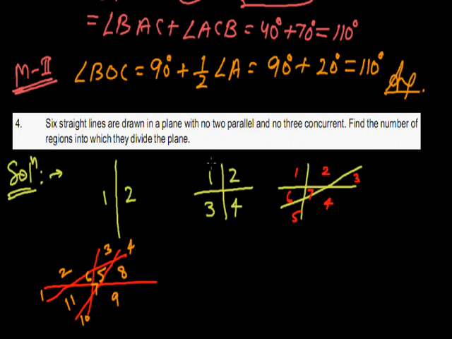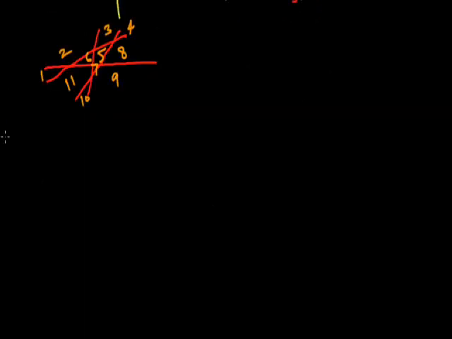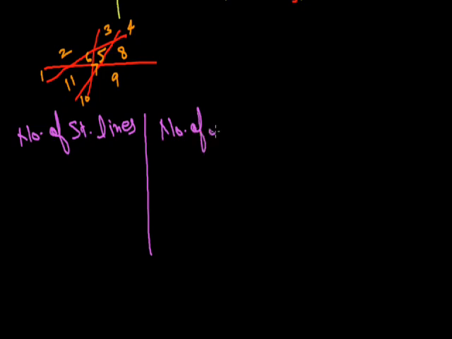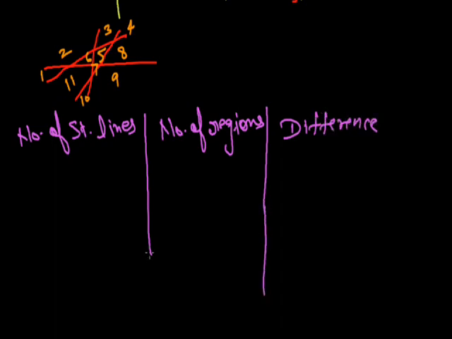So let us summarize these conditions. Let us have 3 columns and make a table like this: number of straight lines in a plane, then number of regions made by these straight lines, and at last the difference between the consecutive numbers of regions. If there was one line, then the number of regions was 2.